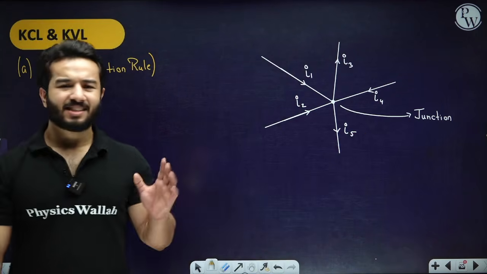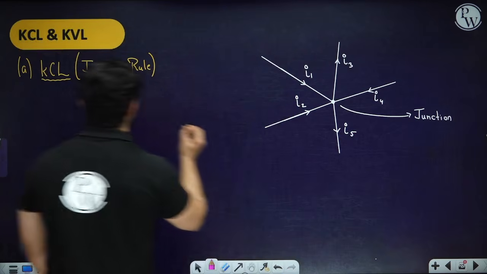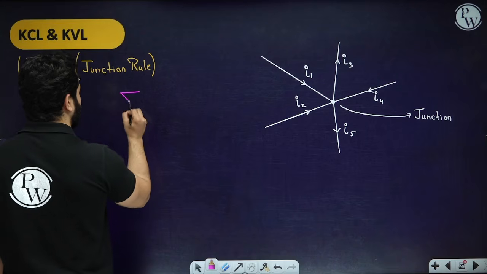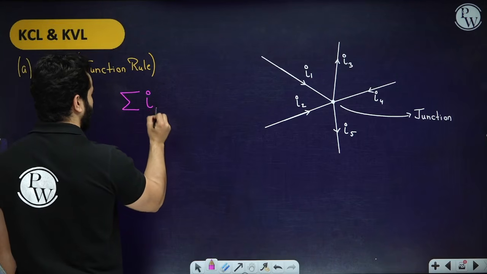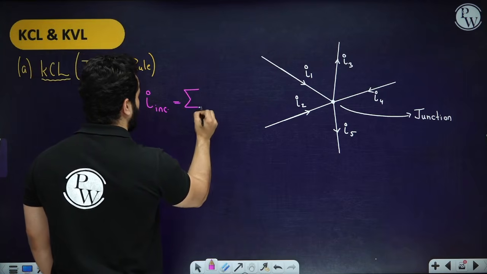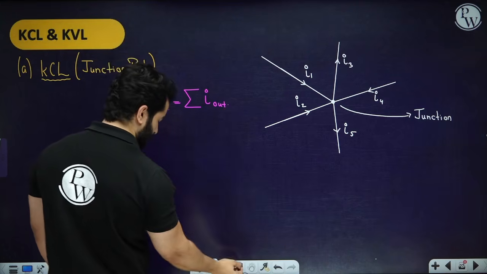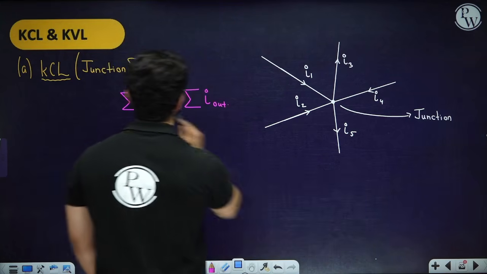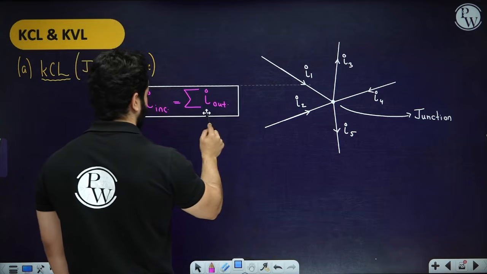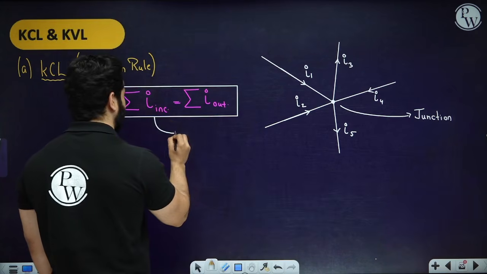So KCL basically states a very simple logic. KCL states that the summation of all the incoming current will be equal to the summation of all the outgoing current. And this is based on a very simple fact of conservation of charge.